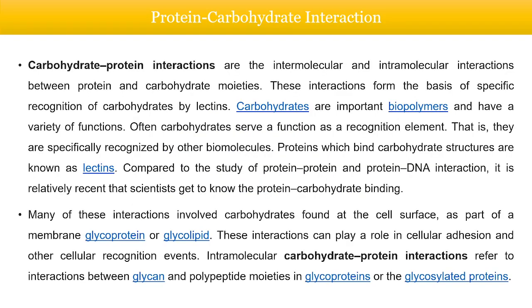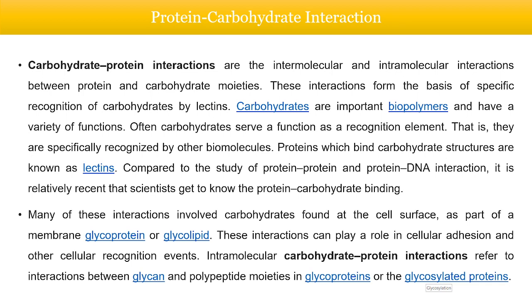Protein carbohydrate interactions are basically the intermolecular and intramolecular interactions that occur between a protein and a carbohydrate molecule, and these interactions form the basis of specific recognition of carbohydrates, mostly by specific kinds of proteins.